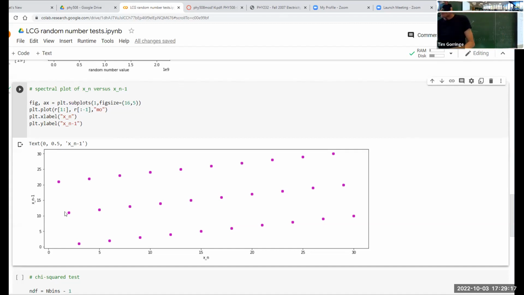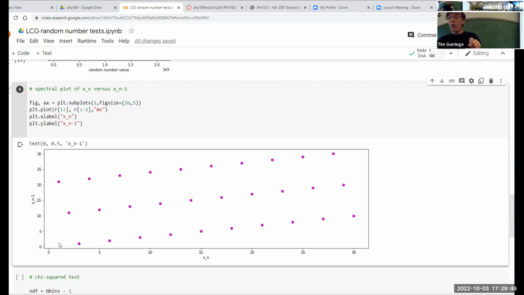As an example, right here, m is 31 in this case, so we should be able to generate numbers from 0 to 30 along the horizontal axis, that's xn, and along the vertical axis, that's xn minus 1. I'm generating a lot of different numbers.